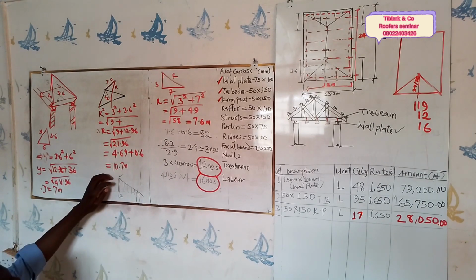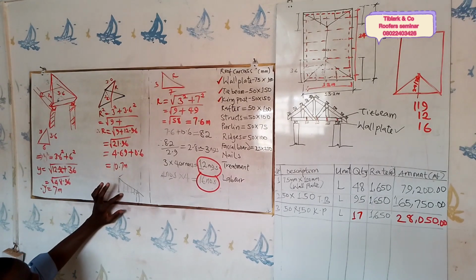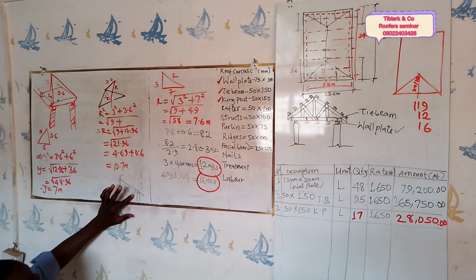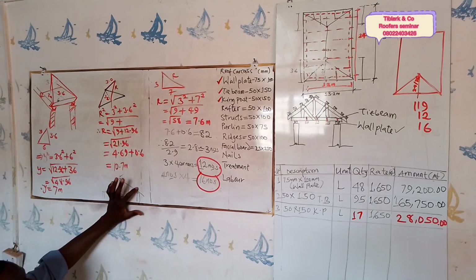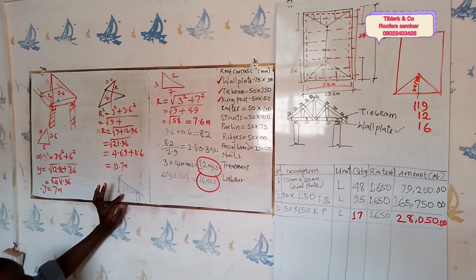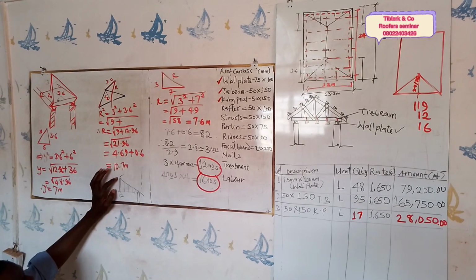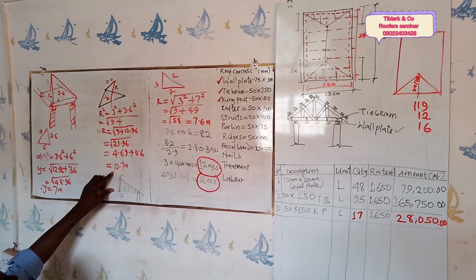So now we have got this. We want to determine 1, 2, 3, 4. This is the edge. We don't have anything there. We want to determine 1, 2, 3, 4. This length, why do you get 10.7?